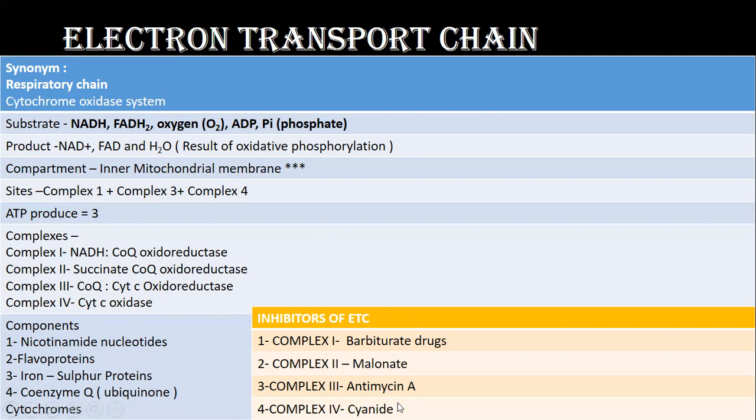Inhibitors: you need to know all the inhibitors by their complexes. Complex 1, barbiturate drugs, where ATP is also produced. Complex 2, malonate. Complex 3, antimycin A, and complex 4, cyanides.